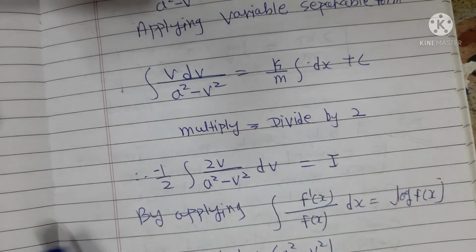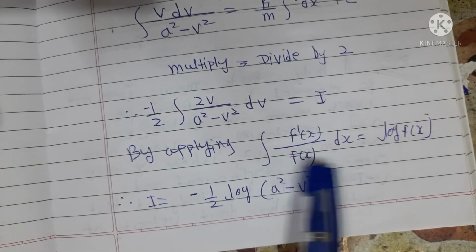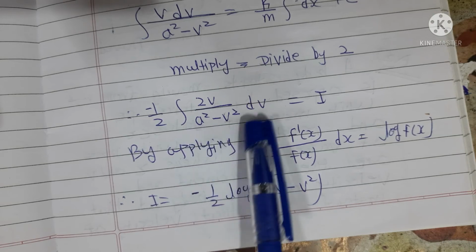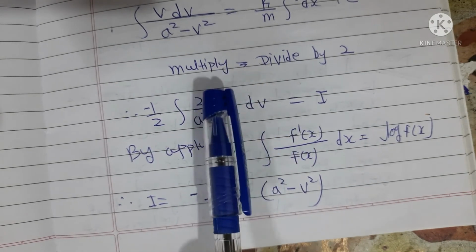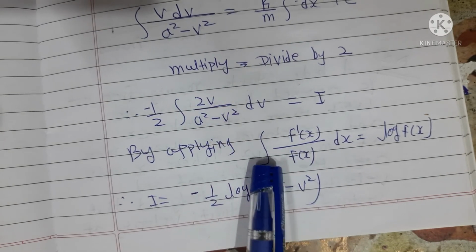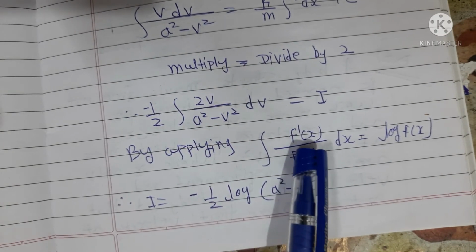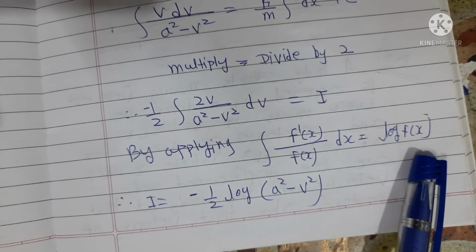Consider this as the integration I. Now, if the given term is like a square minus v square, and the differentiation of that term is in the numerator, then we apply the formula integration of f dash x upon f x dx is equal to log of f x.